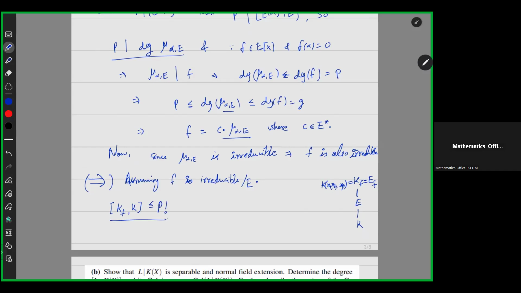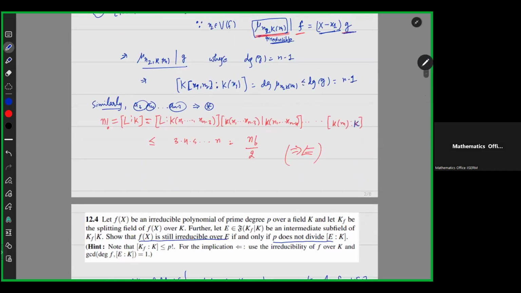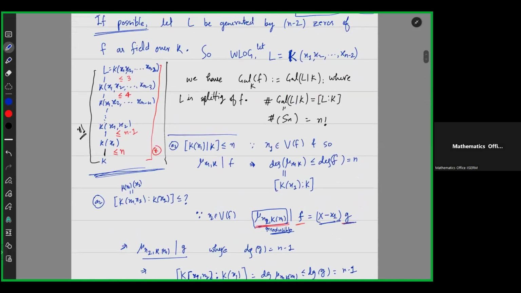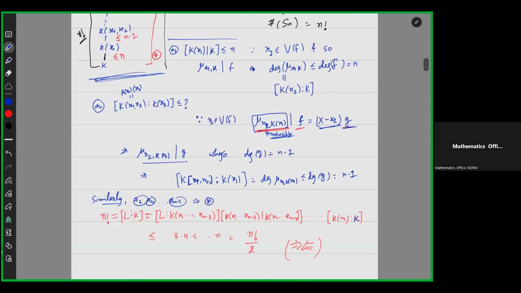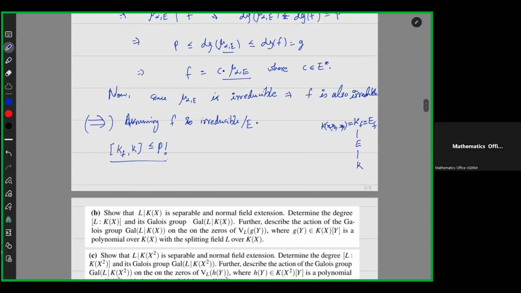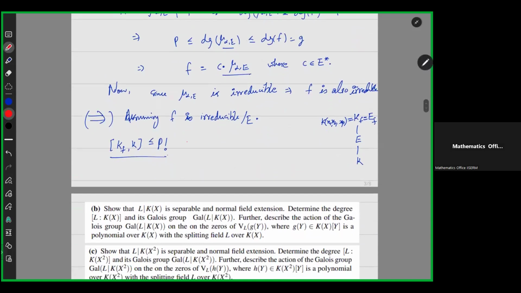Just using the trick from the earlier theorem.